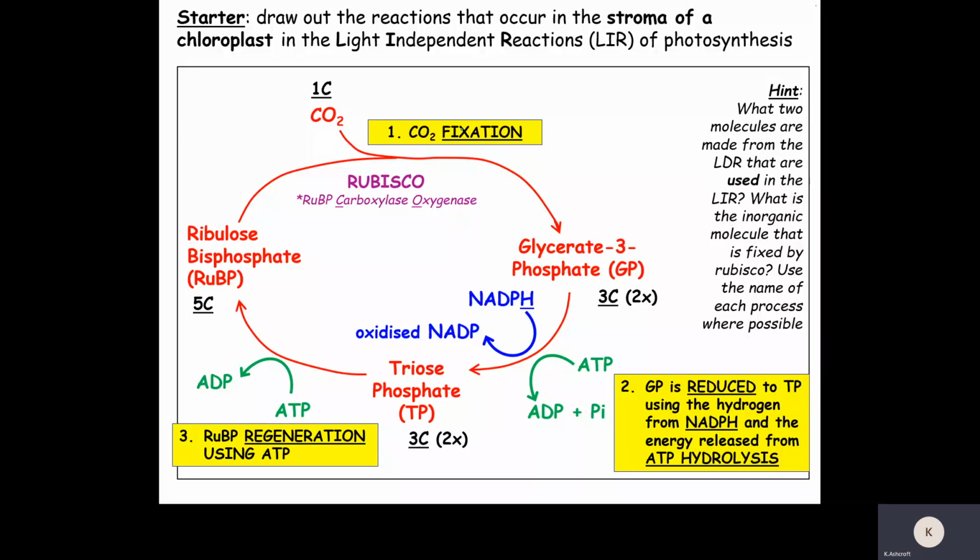Now, because triose phosphates are 3 carbons, if there's 10 of them, that's collectively 30 carbon atoms. Now, with 30 carbon atoms, 6 5-carbon compounds can be made. So 6 5-carbon compounds is also 30 atoms.